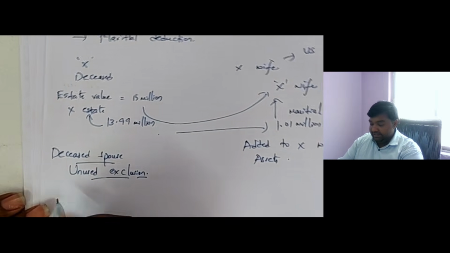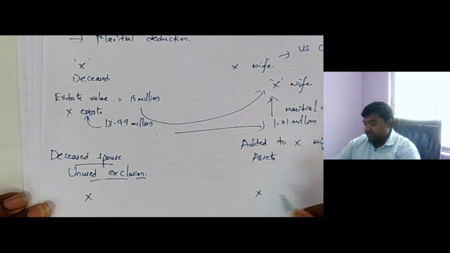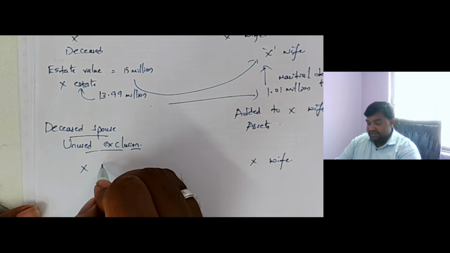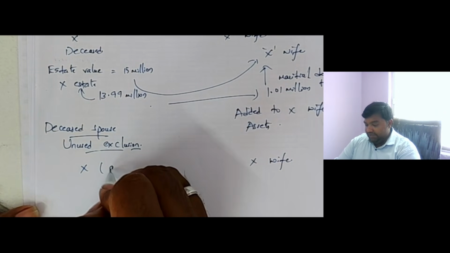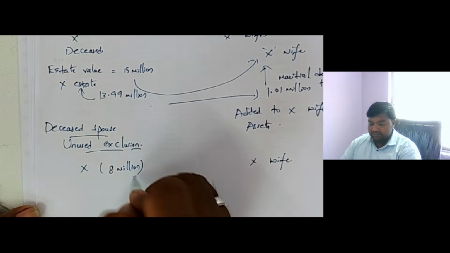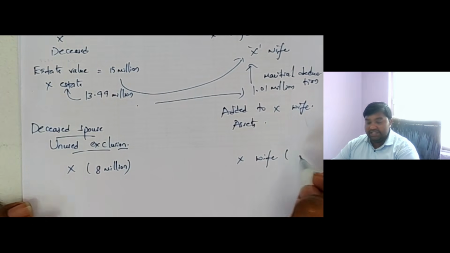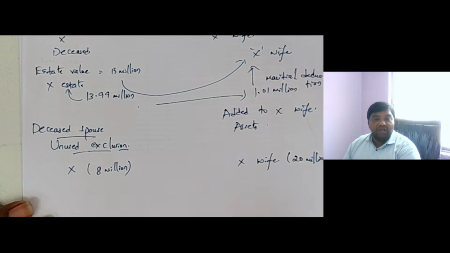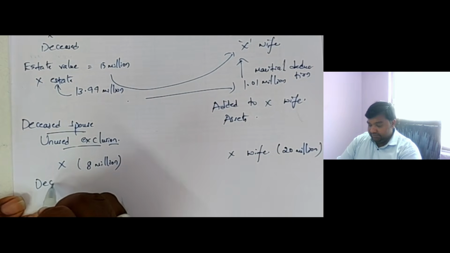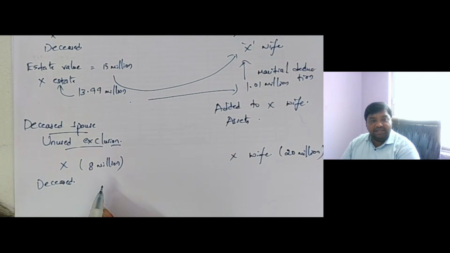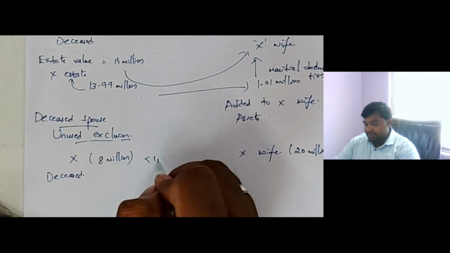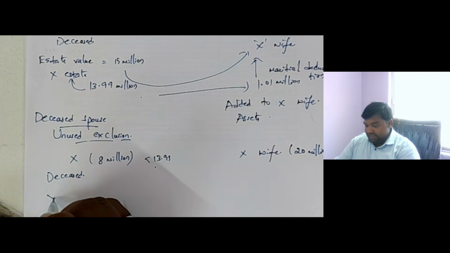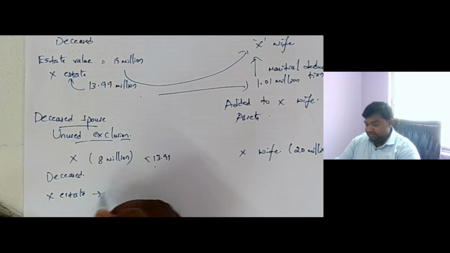Let's say there is X and an ex-wife. X's estate is 8 million, and the ex-wife's estate is 20 million. Unfortunately, X is deceased. As 8 million is less than your 13.99 million, X's estate is fully exempt.